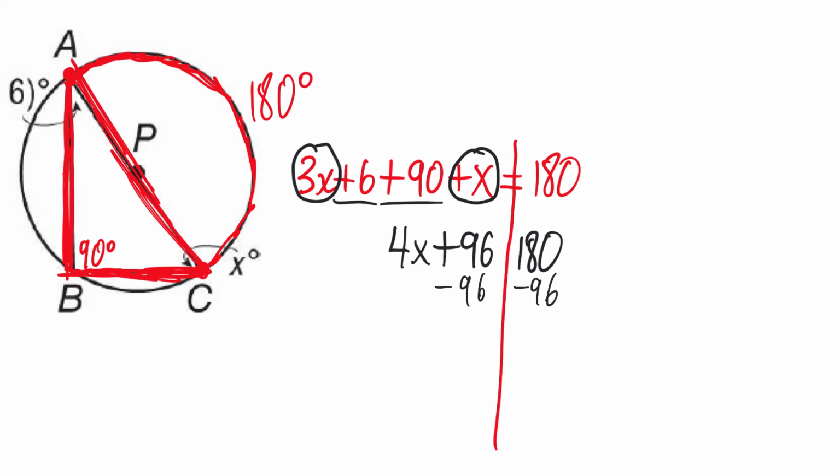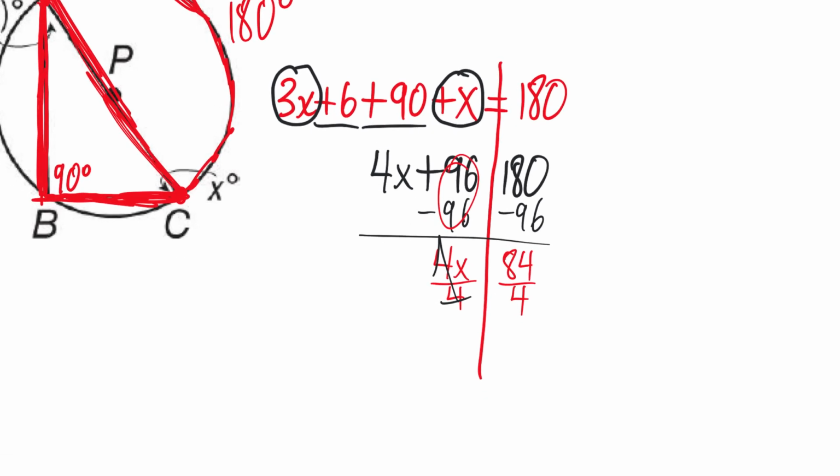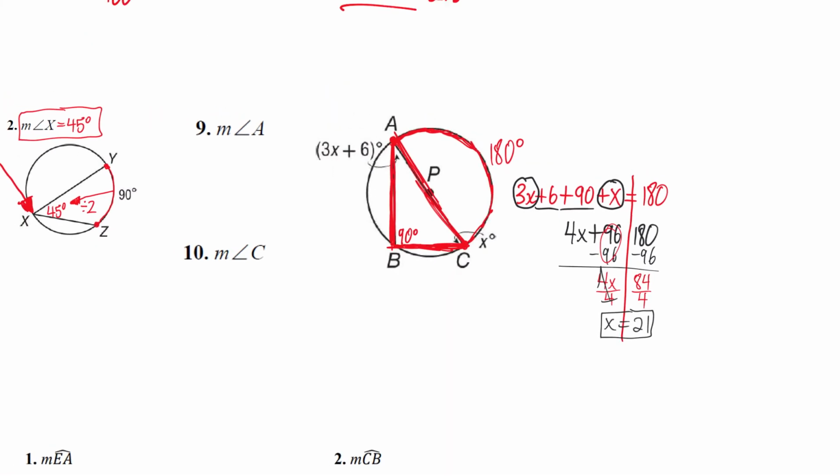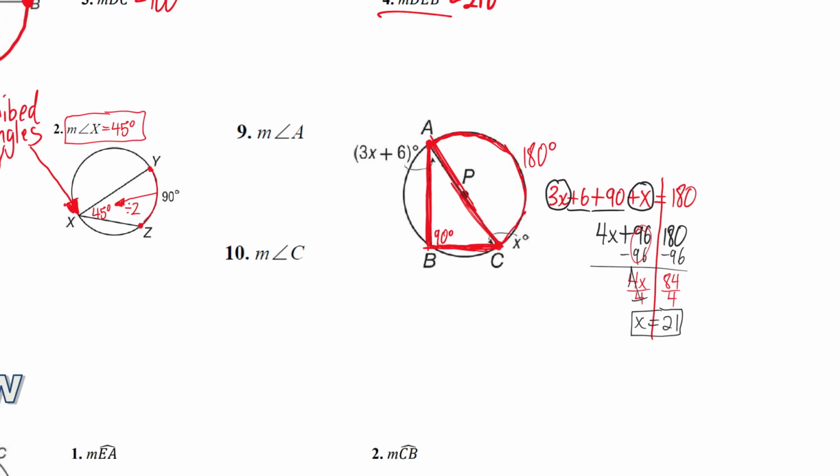Subtract 96. So 4x is left on this side, and 180 minus 96, 84. Then I'm going to divide both sides by 4. That way these 4's cancel to 1. And x equals 21.